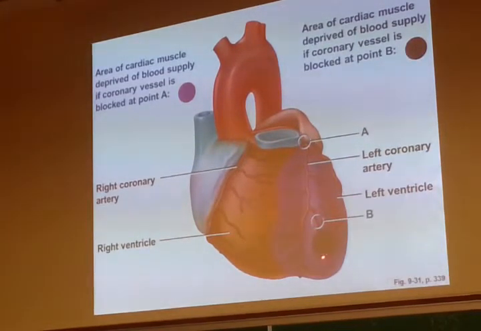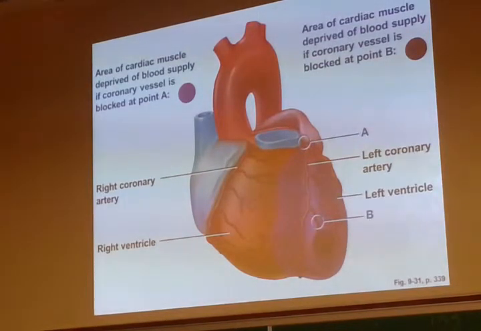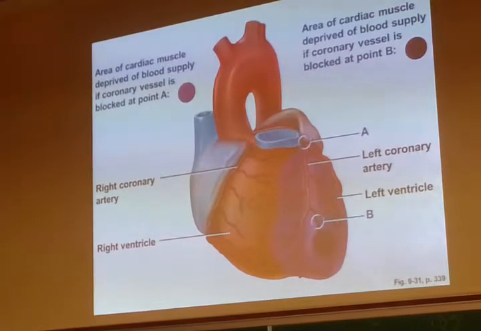If it's a very, very small area, you might not even know you've had a heart attack because your heart will form blood vessels that will go around the blockage, that's called collateral circulation, and if the cells have died, they will be replaced by new cardiac muscle cells. And the person dies and you do an autopsy and you see, no, heart's fine, but they had a small heart attack.